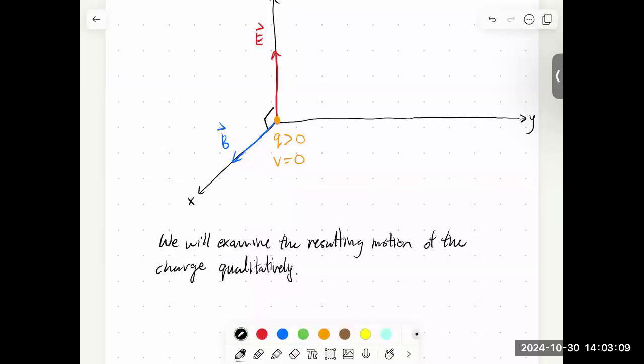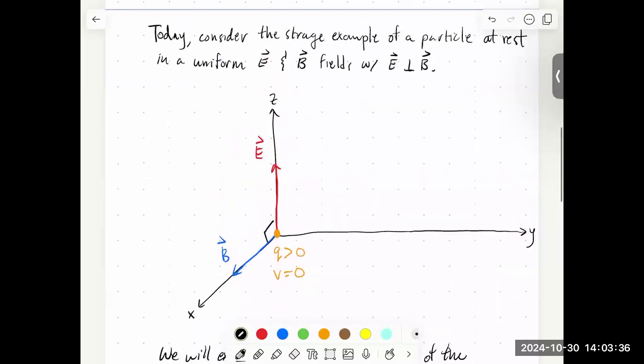See Griffiths example 5.2 for a quantitative analysis. What I'm more interested in at this point is not really writing down differential equations and solving them. It's just understanding kind of the unusual behavior that we're going to observe.